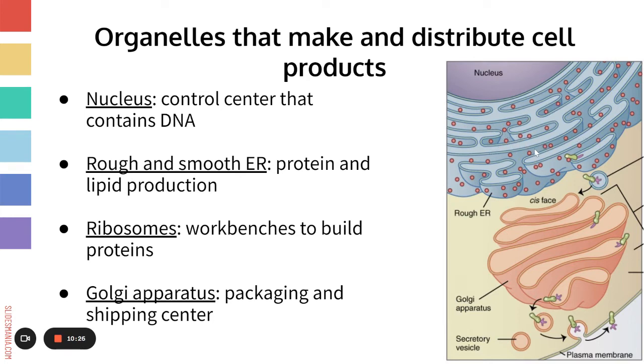The rough ER is rough because it's studded with all of these little red dots, and these dots are all ribosomes. We've already said that ribosomes are important because they are the workbenches we use to build proteins. The rough ER has ribosomes, and those ribosomes are making proteins. So the rough ER also makes proteins.